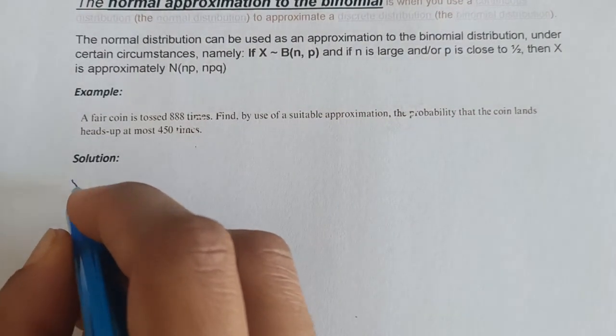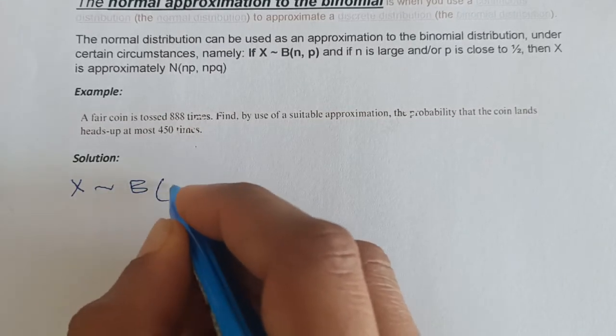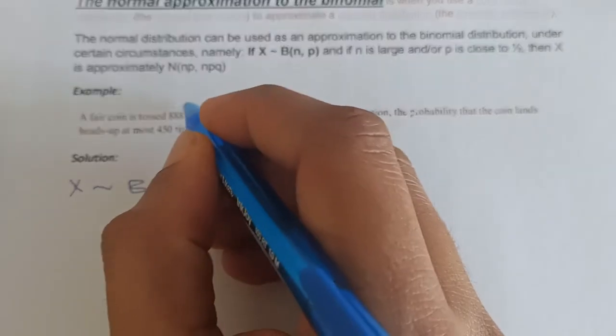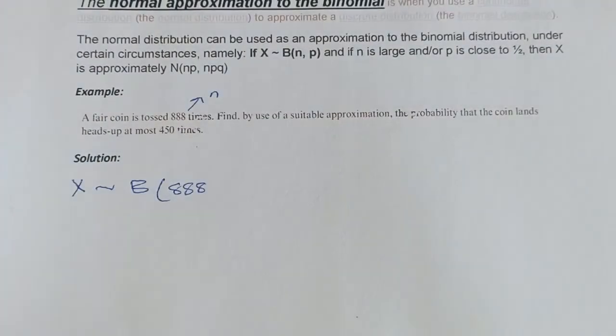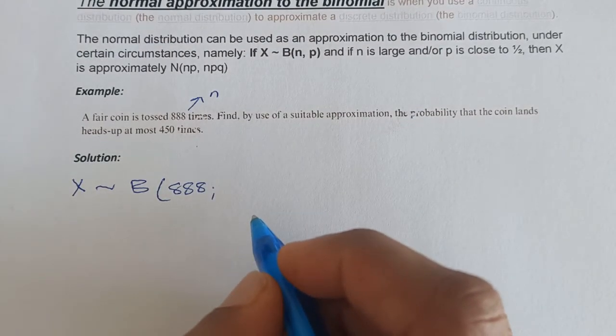So we're saying that we've got some random variable which is following the binomial distribution, where n is equal to 888. That's the total number of times, n. And p is going to be, it says the probability the coin lands heads up.